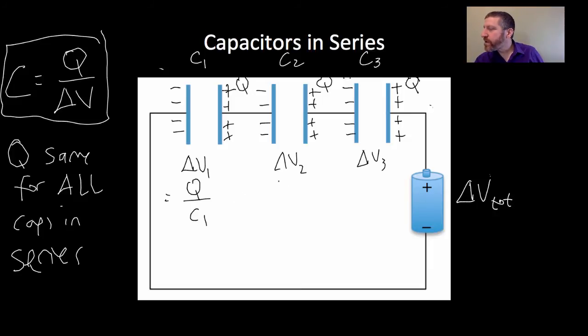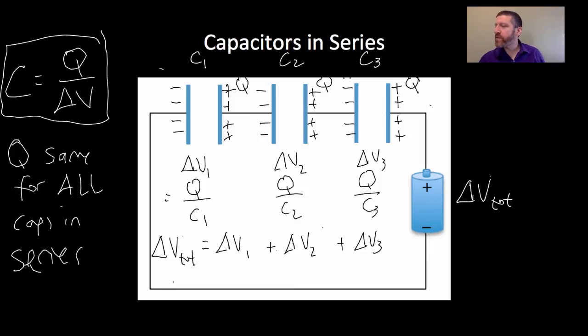And this is Q over C2, and this is Q over C3. The charge is the same for all. So what this all means is, just like the whole height difference has to add up, these three have to add up to that, I'm going to write it like this.